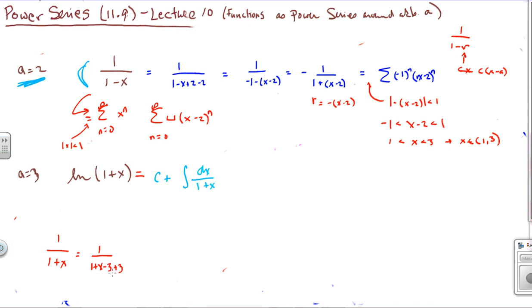So the minus 3 I want to bring with the plus x. So that's going to be 3 and 1, that's 4, plus x minus 3, right? I'm going to factor out a 4, so that's going to be 1/4 times 1 over 1 plus 1/4 times x minus 3. And finally, what's my r going to be here? r is going to be the negative of that.